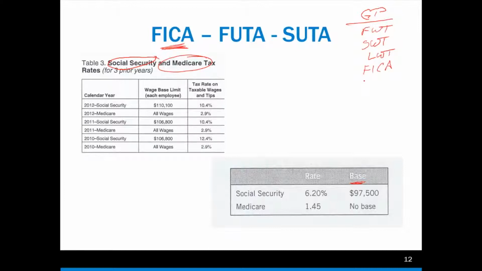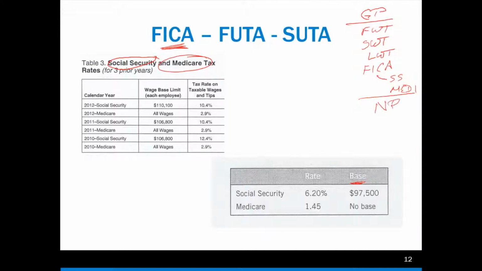Now, FICA is Social Security and Medicare. When you've deducted all that, plus any other deductions that you might have, like uniform deductions, union dues, alimony, child support, withholdings for taxes or whatever have you, that all goes into an other category, and you're left with your net pay.